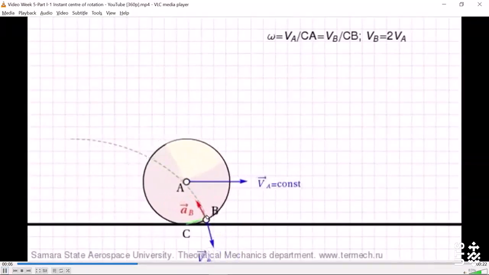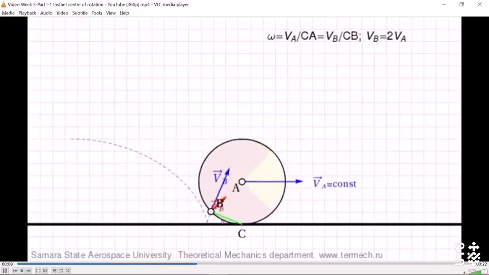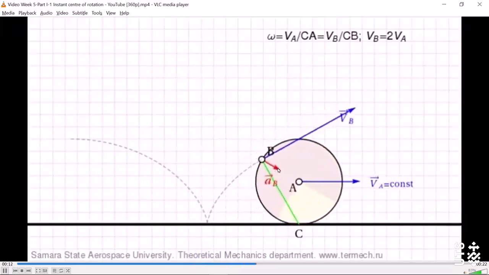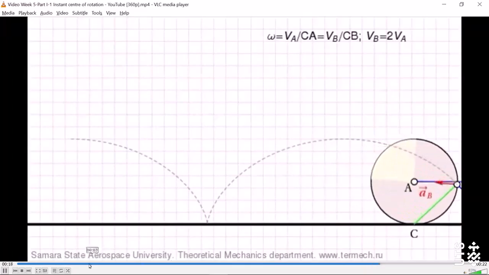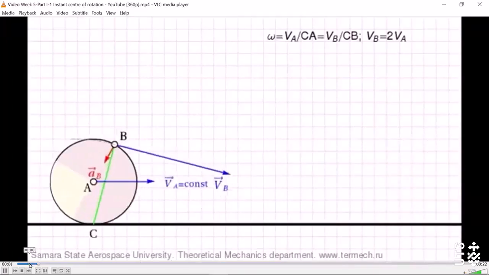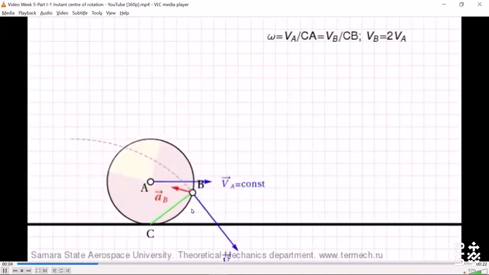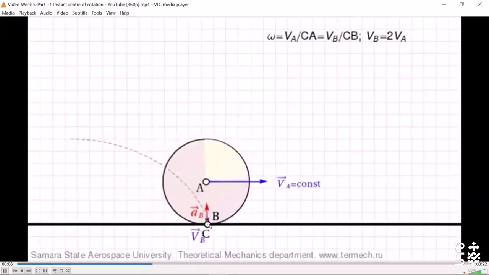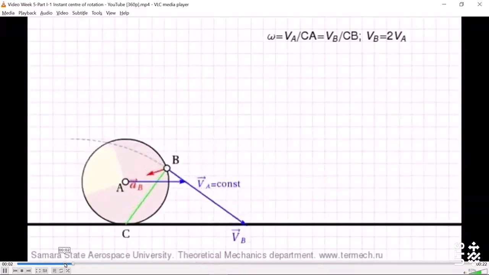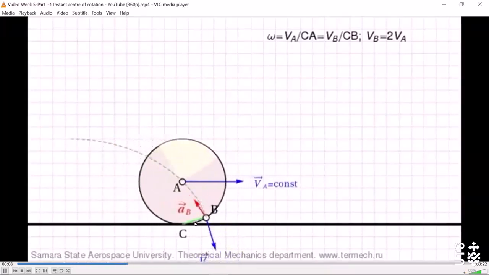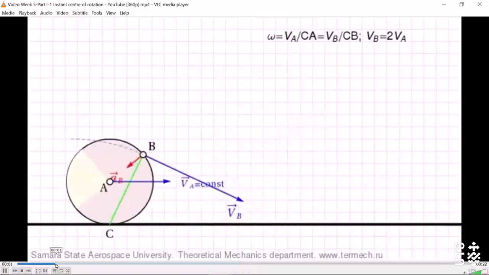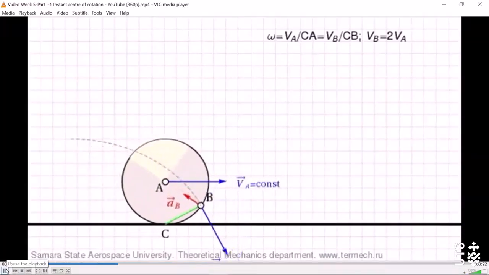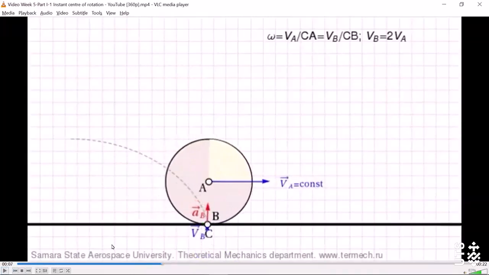The acceleration at point B, and you can see when B becomes the contact point, the direction of the acceleration AB at that point is vertical.